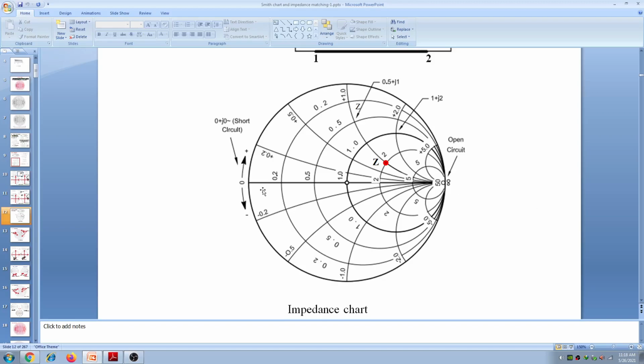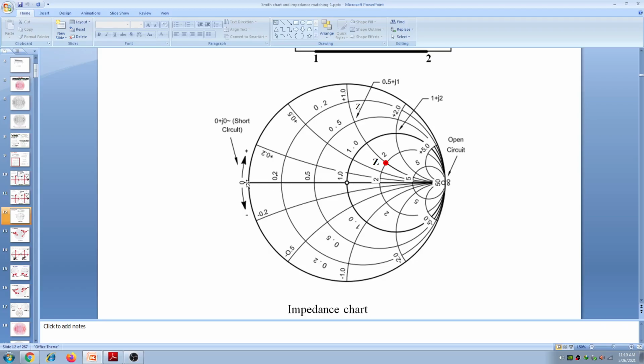And here is again an x circle. X equal to 0 corresponds to this straight line. X is equal to minus 0.2, x is equal to plus 0.2 here, plus 0.1 may be somewhere here, and like that it goes on reducing. So the zero circle coincides here, x equal to 0 coincides here.